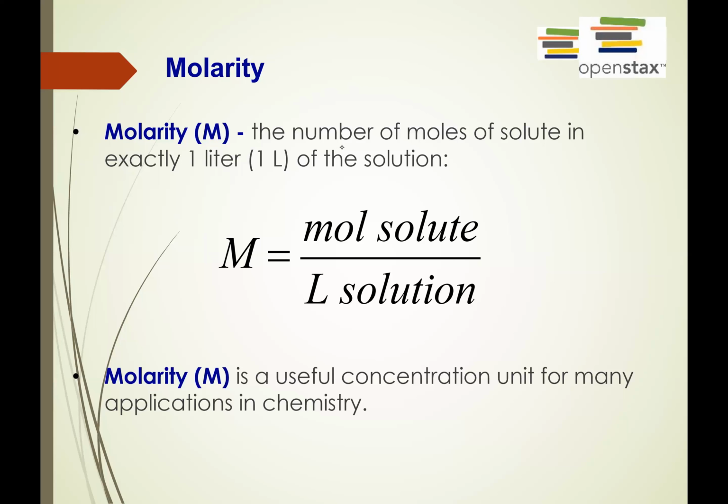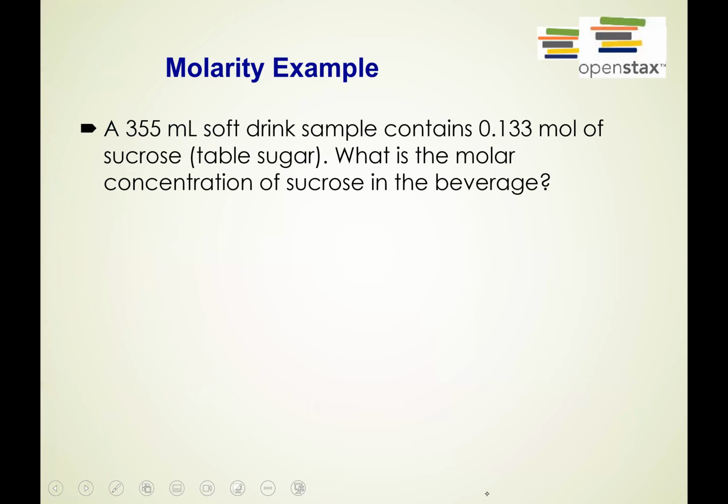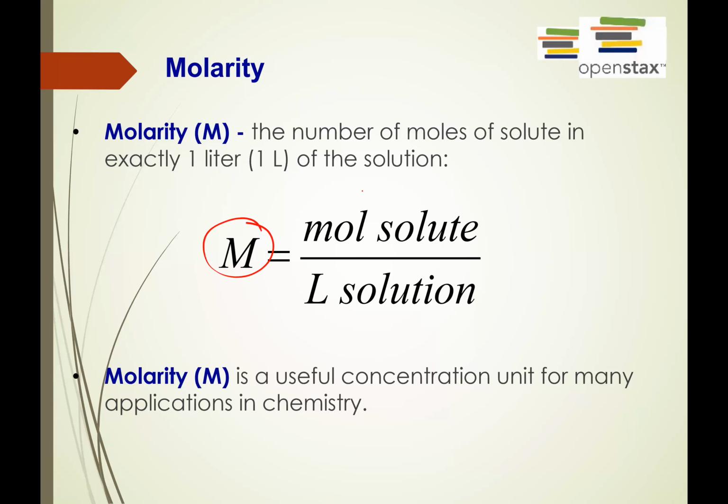Whenever we talk about solutions, we're always talking about molarity, and molarity has 2 units. When you see the little g, that means grams, and the little m means meters. They have 1 unit. But the big M means moles over liters, so it has 2 units with that letter.